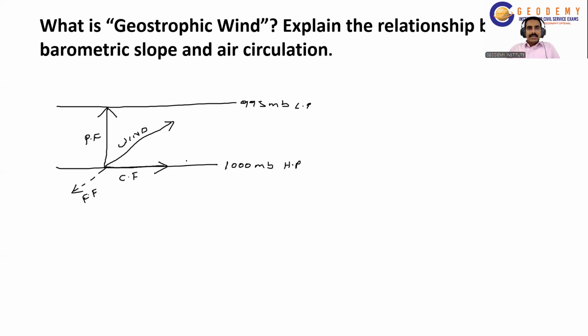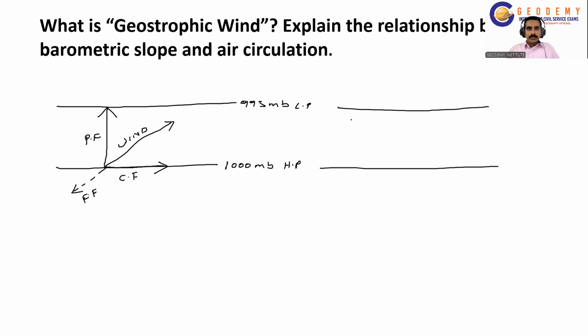But in the upper altitude, above 3 or 4 kilometers, the frictional force becomes absent and the pressure gradient force is also reduced. So the Coriolis force will act here. On the surface, the pressure gradient force will be from high pressure to low pressure.